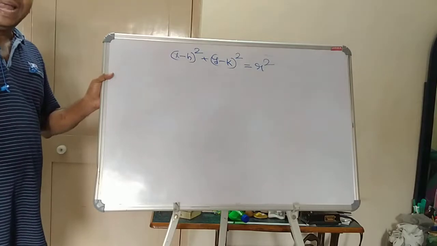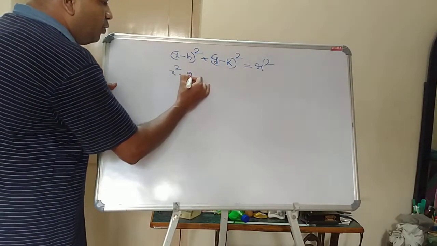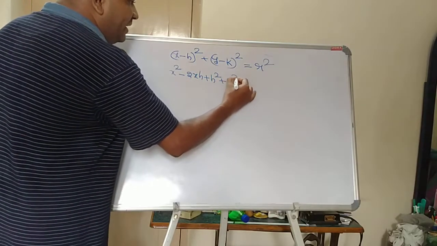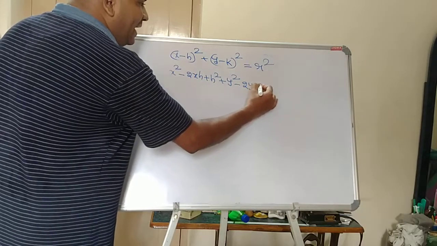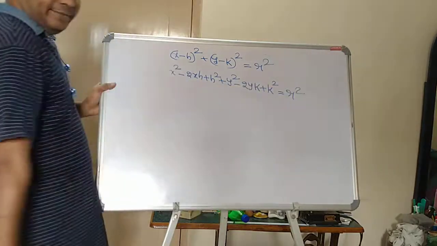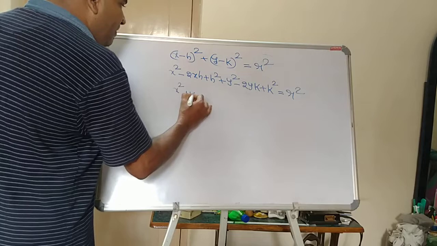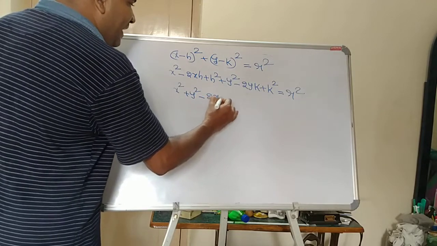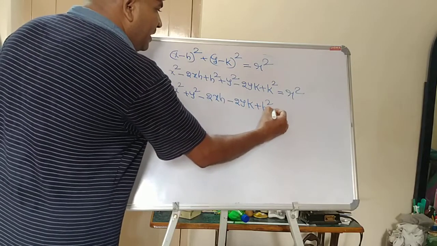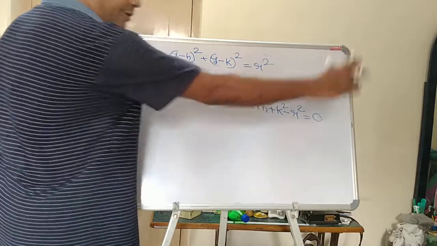Now we expand, that means x square minus 2xh plus h square plus y square minus 2yk plus k square equal to r square. That implies x square plus y square minus 2xh minus 2yk plus h square plus k square minus r square equal to 0.